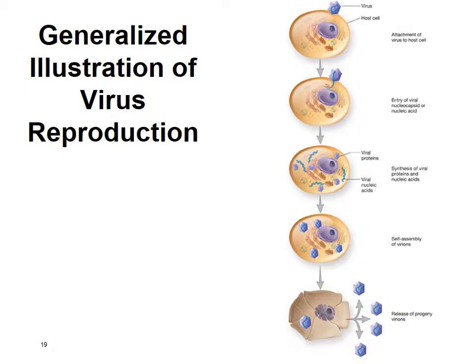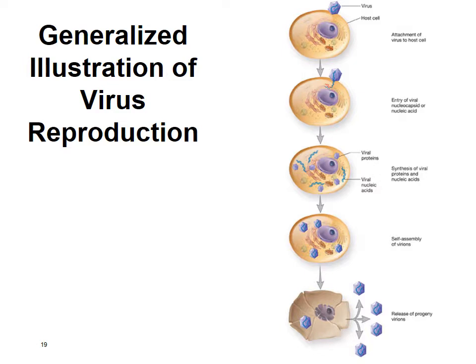So once free in the cytoplasm of the host cell, genes encoded by the viral genome are expressed. That is, the viral genes within that nucleic acid are transcribed and translated. This allows the virus to take control of the host cell's biosynthetic machinery so that new virion particles can be made.